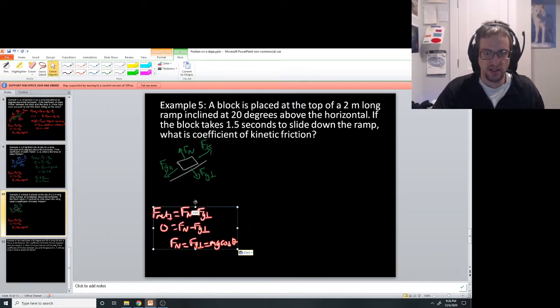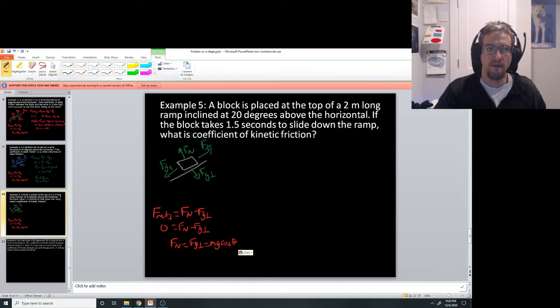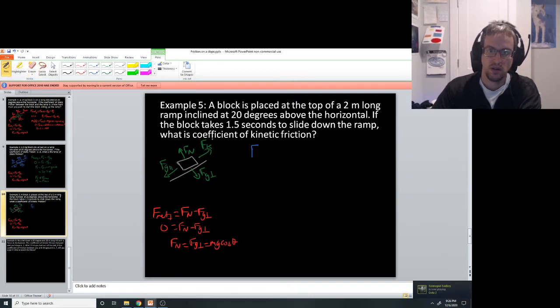Again, I can copy that same little bit there. This is still true. Right. And because it's kinetic friction, F net parallel is equal to, I'm going to make down positive this time. Like that's the way it's going, so I'm making that positive.